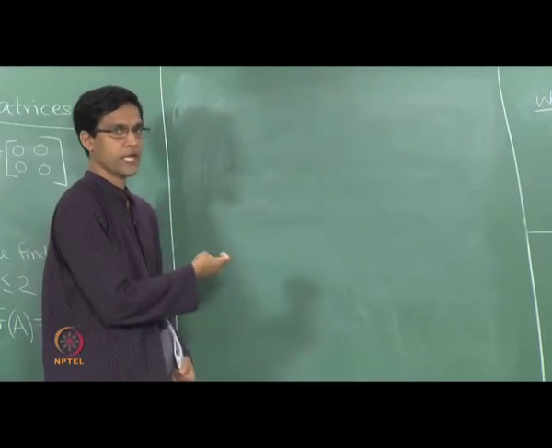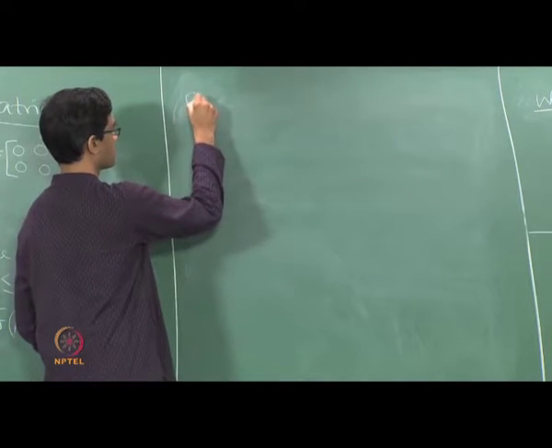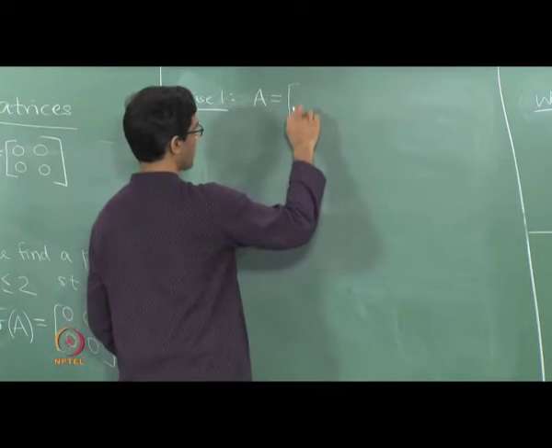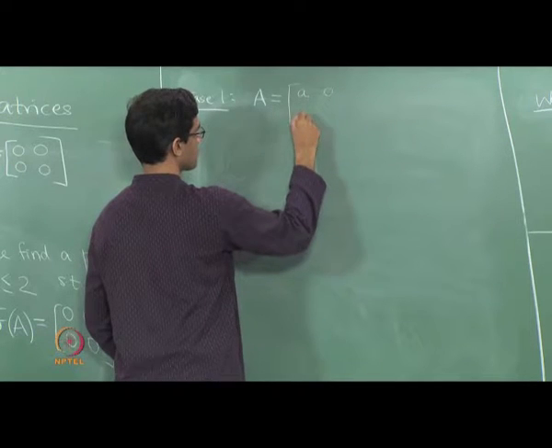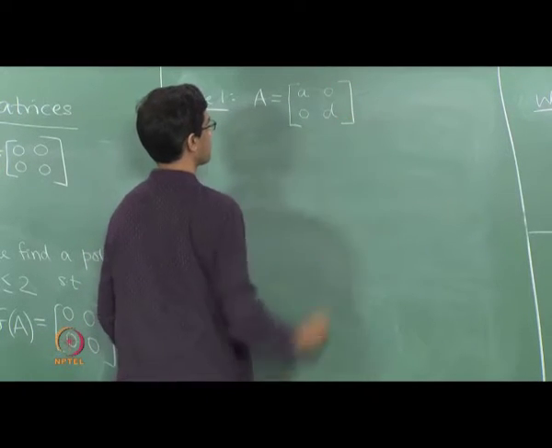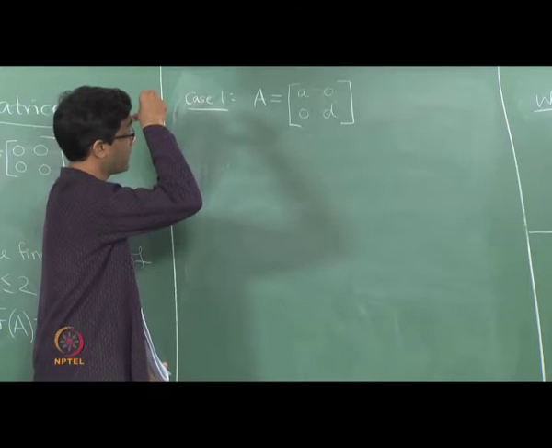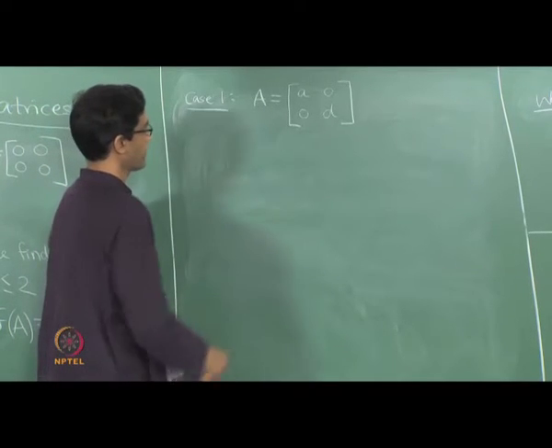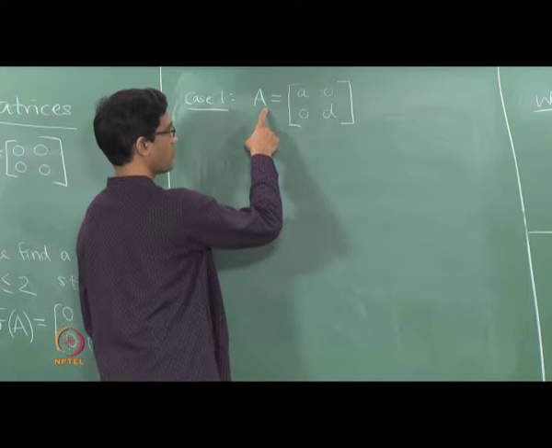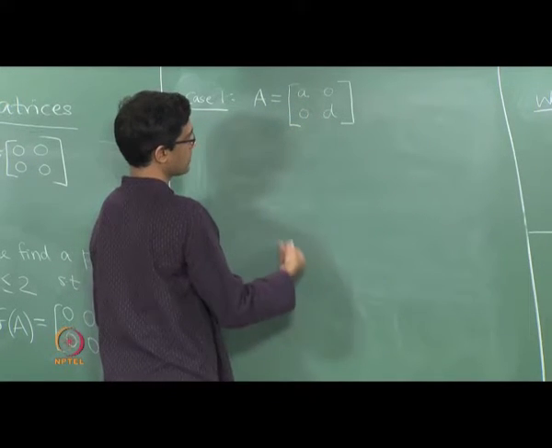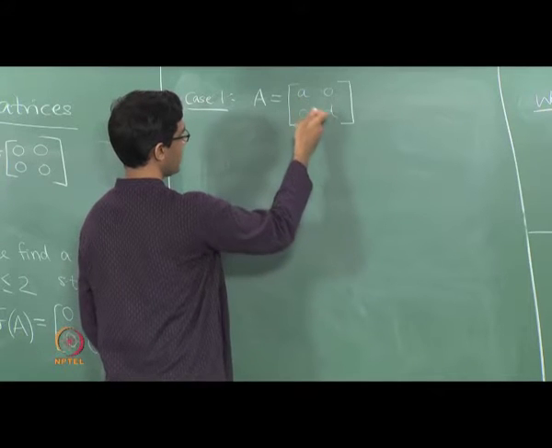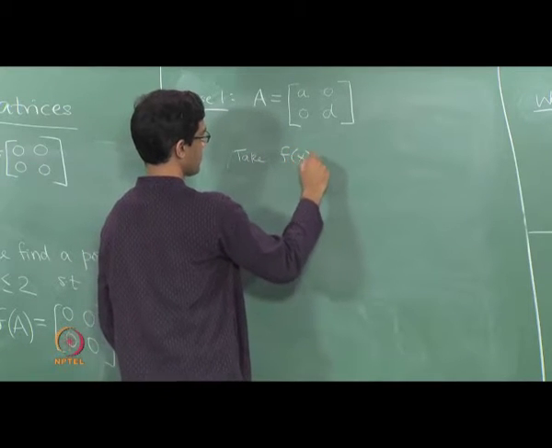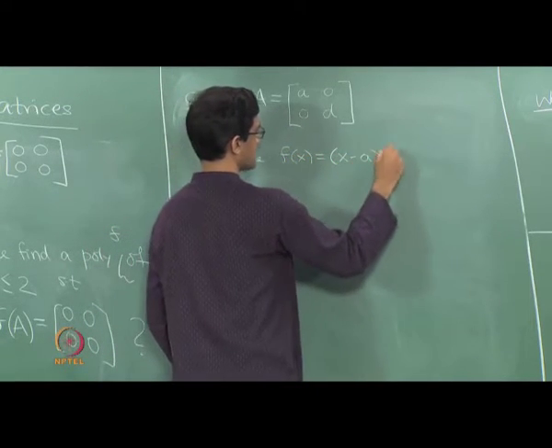So the preceding discussion has answered this question in a special case. Observe, if A is diagonal, then we know what to do. So case 1, whatever the off diagonal entries B and C are 0. Okay, so if A is a, 0, 0, d, then we can use the same thing we did before. What polynomial should we apply to A in order to make both these entries zeros? Well, you just take the polynomial x minus a times x minus d. So let us define a polynomial f of x to be x minus a times x minus d.